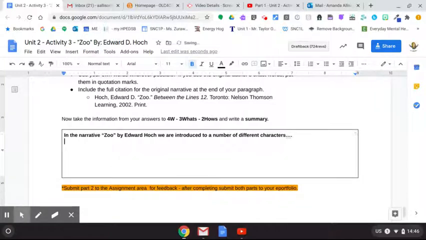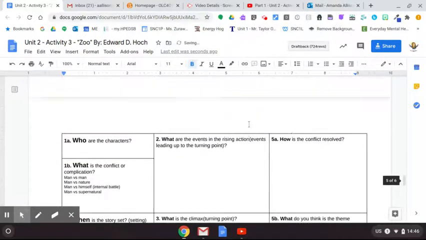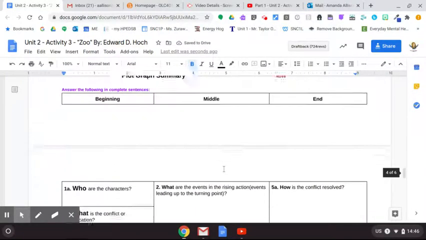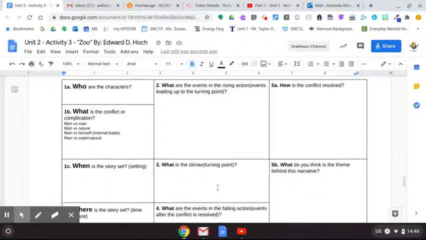So your next part would be thinking about the things that are happening in the middle of the story and putting this into sentences. So during the middle of the story, the following events occur in the rising action.